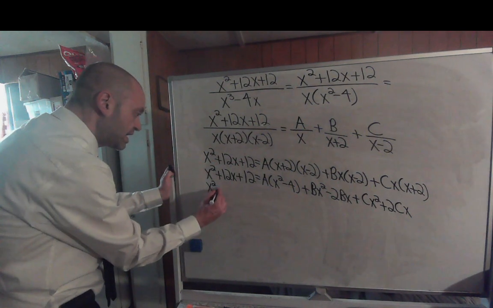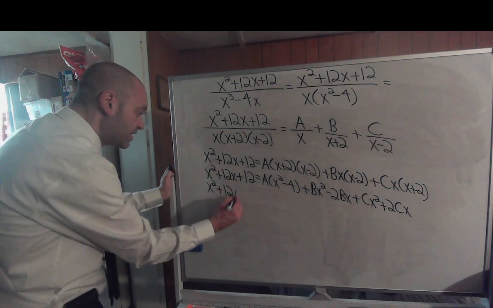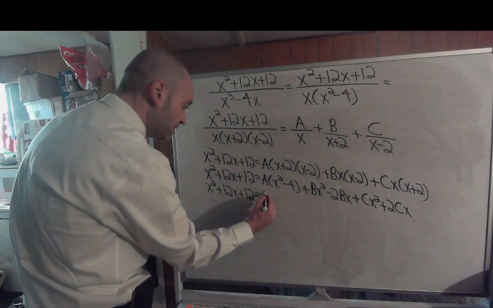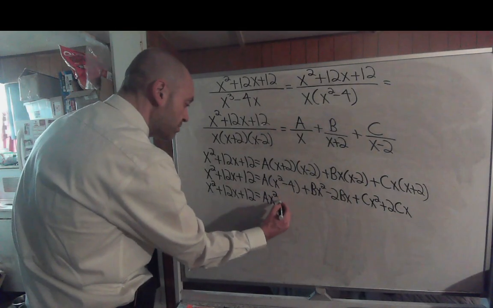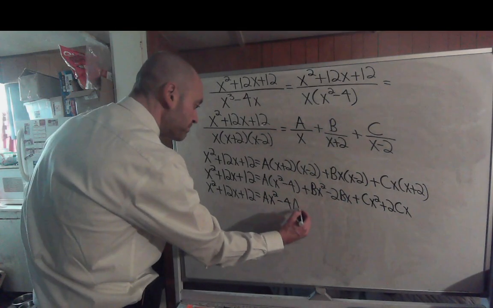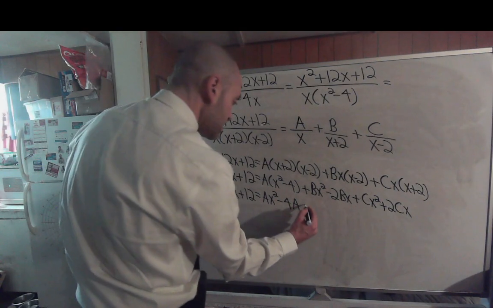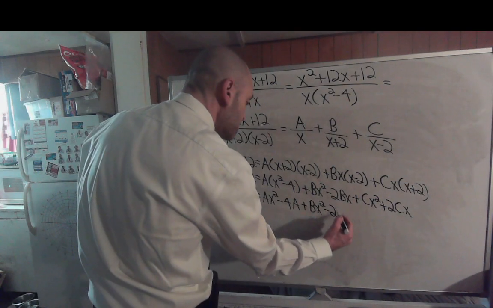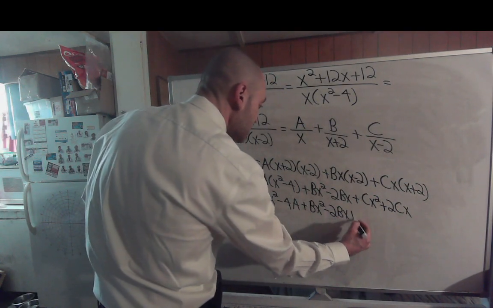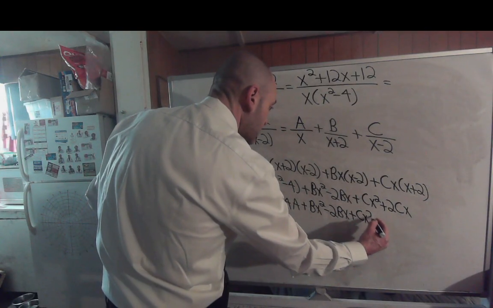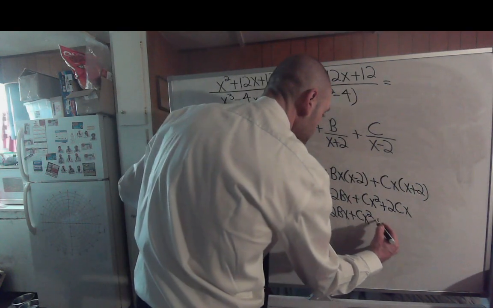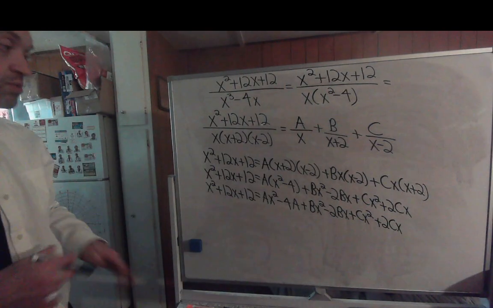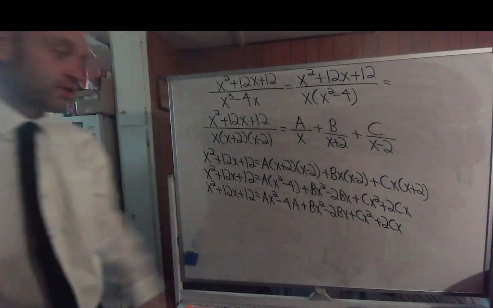So you'll end up getting x squared plus 12x plus 12 is going to end up equaling ax squared minus 4a plus bx squared minus 2bx plus cx squared plus 2cx.